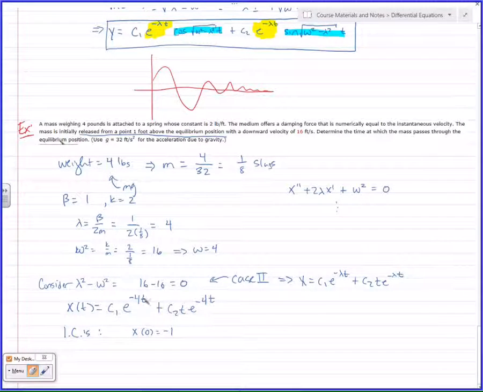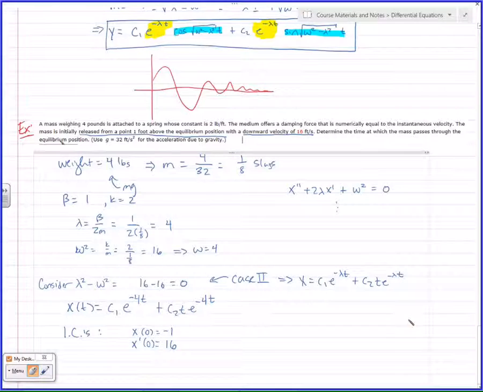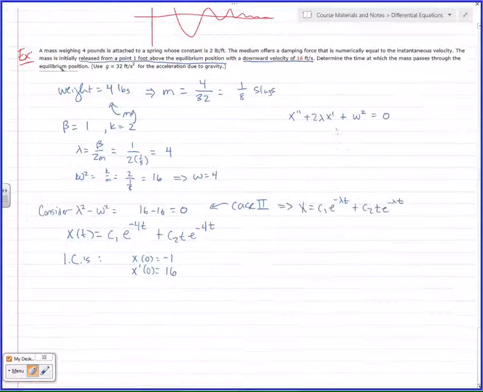And then what's the initial velocity? Positive or negative 16? Positive. Exactly.